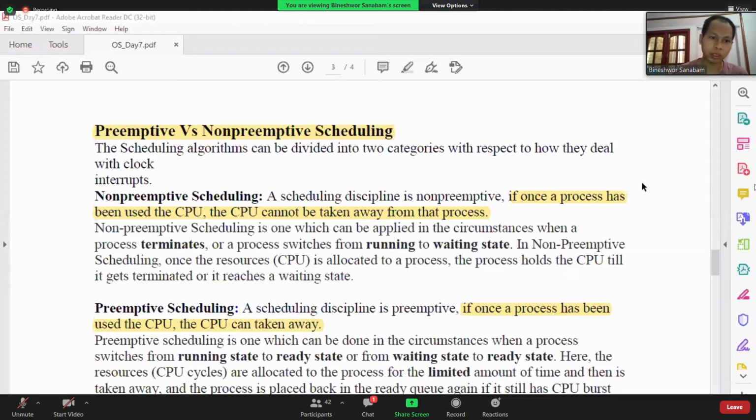But in non-preemptive scheduling, once a process is in execution, you cannot interrupt it, meaning you cannot use the CPU. Until the completion of the process, the CPU won't be available. That type of scheduling is called non-preemptive, where no interruption is done, and in preemptive scheduling, interruption can be done.